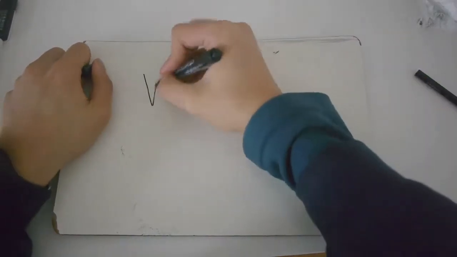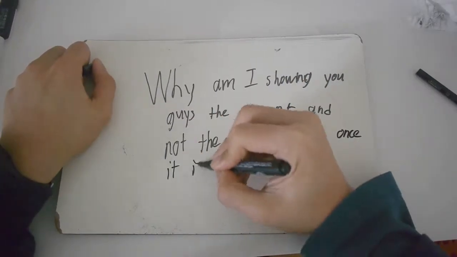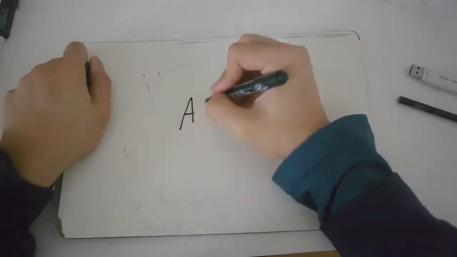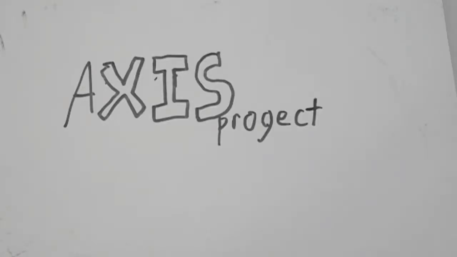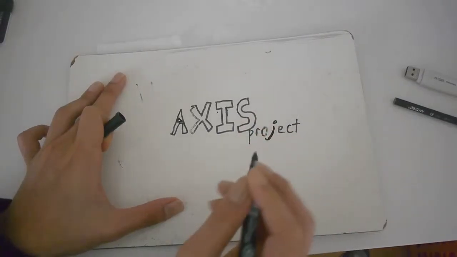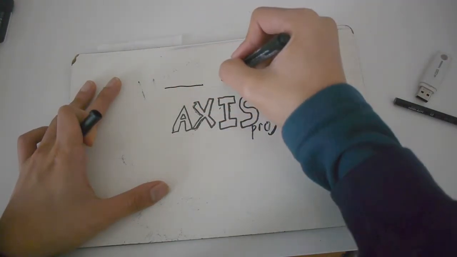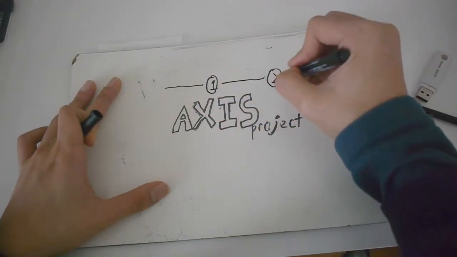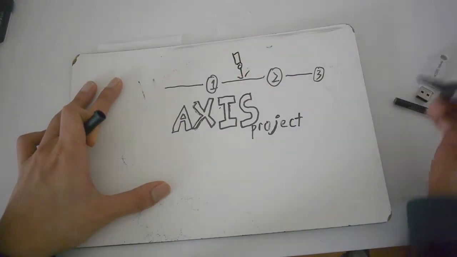Now, you may be wondering: why am I showing you guys the concept and not the actual project once it's finished? Well, this is the Access project. It's project, not G. You can't spell, Adriel. There you go. This is the Access project. This is my personal documentary of everything I do technological, and my goal is to document everything that I do in the technological space.